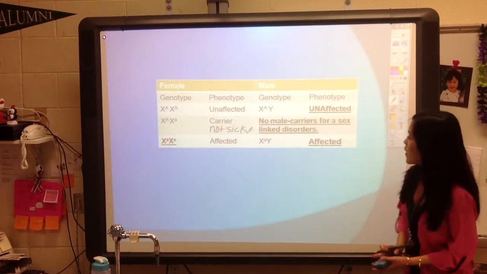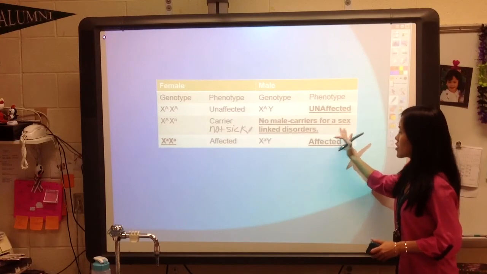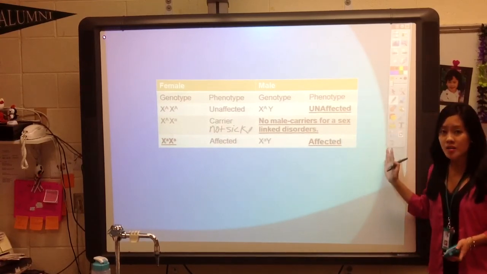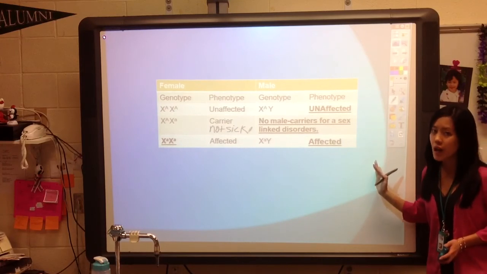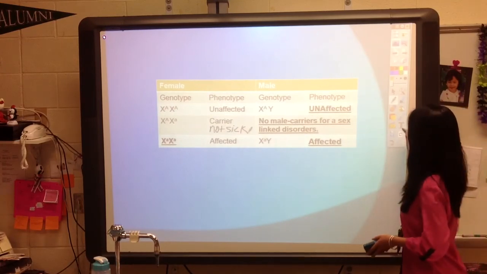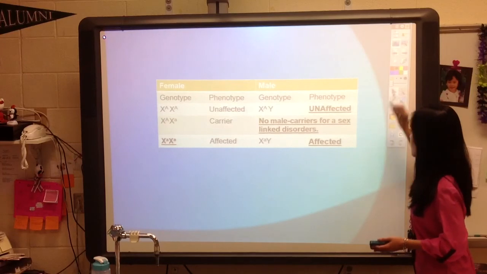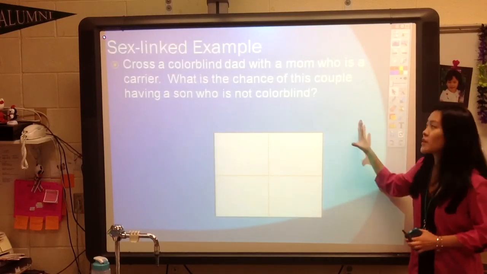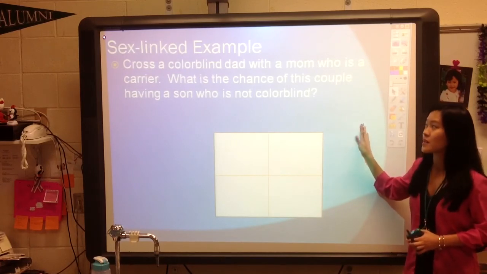And also keep in mind that no male carriers for a sex-linked disorder can occur. Go ahead and pause for a second and make sure you completely copy down this chart. It's really important that you have it.